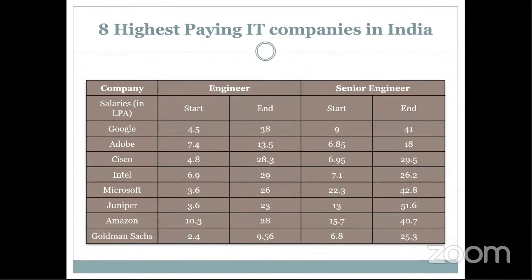Okay. Next is CTC. Many students and employees ask me the same question: sir, there is a concept called package in MNC and private sector companies. If someone is getting a 15 lakh per year package, what will my salary in hand be?